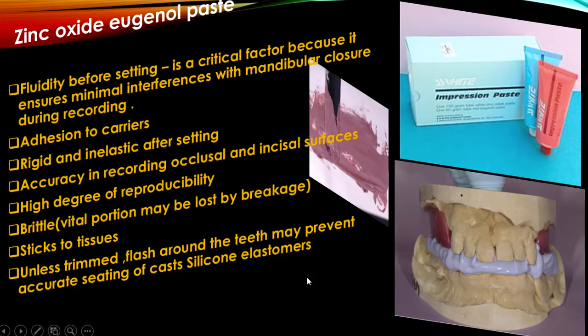So this material has fluidity, so it causes no interference with mandible closure, adhesion to the carrier, rigid and inelastic after setting, accuracy in recording the occlusal surface, high degree of reproducibility, brittle, sticks to tissue unless trimmed, flash around the teeth may prevent accurate seating of the cast when we compare it with other elastomer or silicone elastomer.